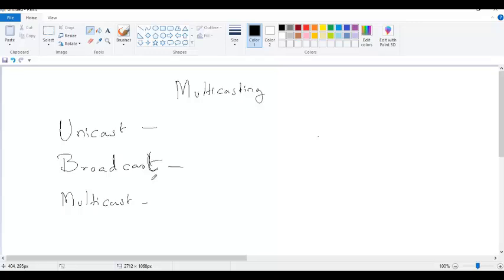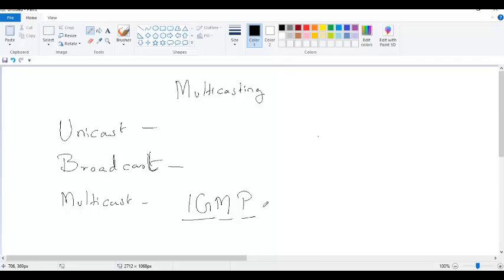On top of the host address, the individual address, we can assign a group address using a protocol called IGMP, Internet Group Management Protocol.